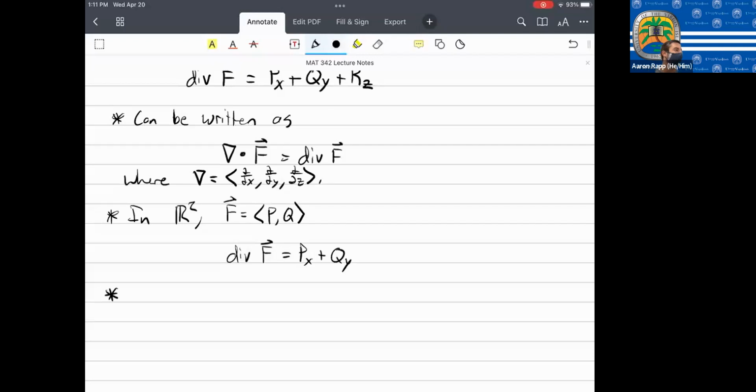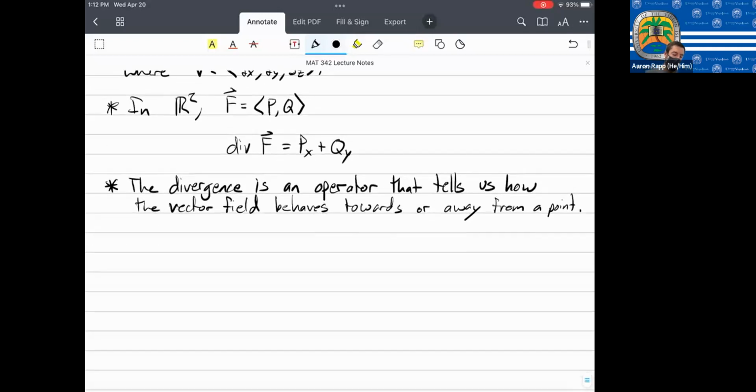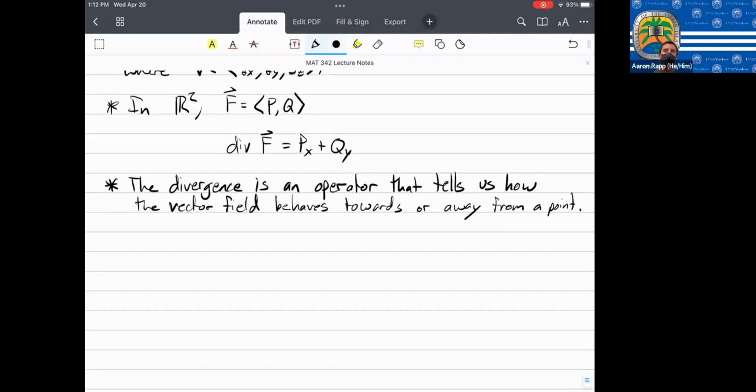Well, divergence is just an operator that's telling us how the vector field is behaving towards or away from any point. So you can think of this as a way of measuring kind of acceleration over a vector field.